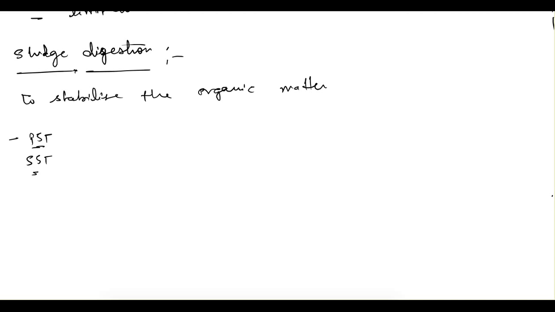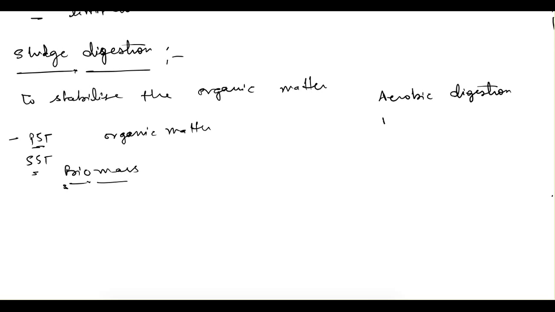What we get from primary sedimentation tanks has more organic matter, and what we get from secondary sedimentation tanks has more biomass, because we use processes like the activated sludge process or trickling filter, which increase the biomass concentration. Depending upon that, sludge digestion can be done in two ways, aerobic digestion and anaerobic digestion.